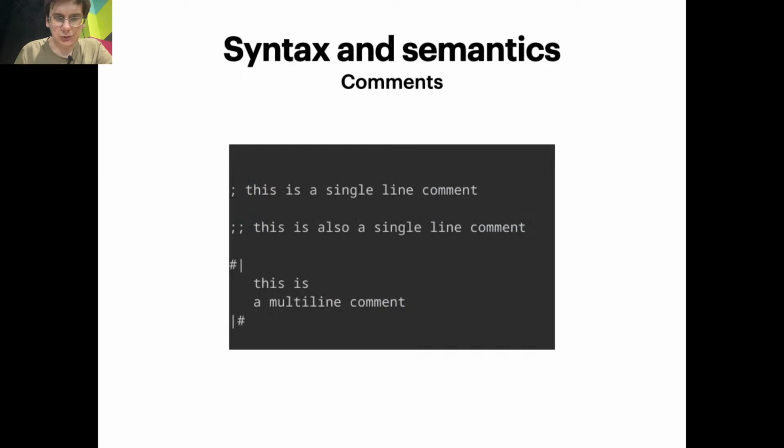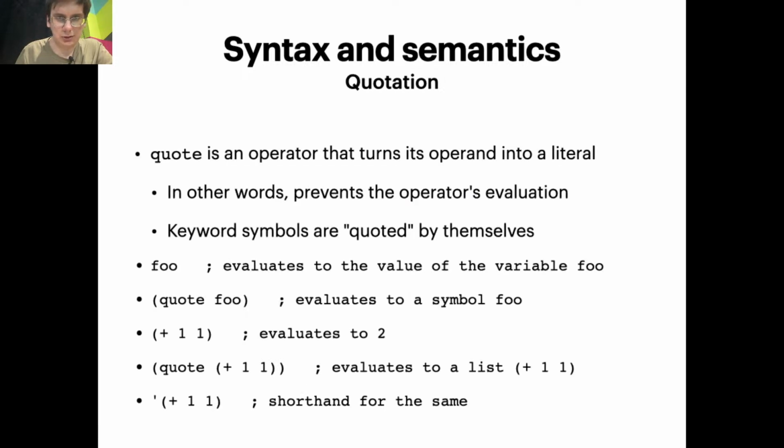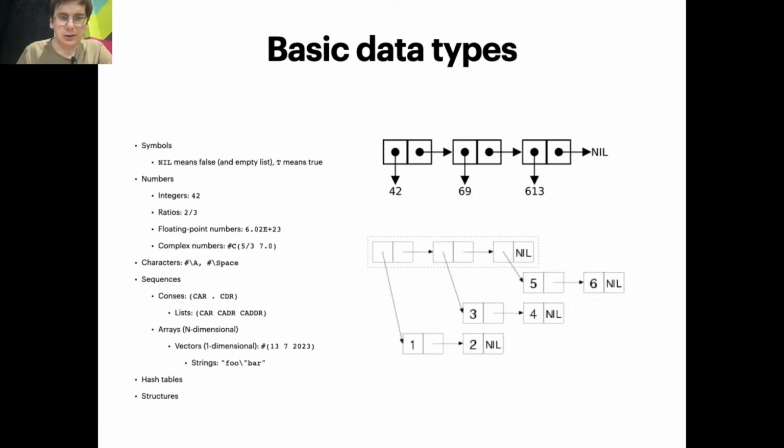The comments look like this. And we have the quotation semantics that allows us to control evaluation of forms. And so we arrived at basic data types. I think I actually went over that, but it was a bit too quick. Generally we have symbols, numbers, characters, sequences, hash tables, and structures.